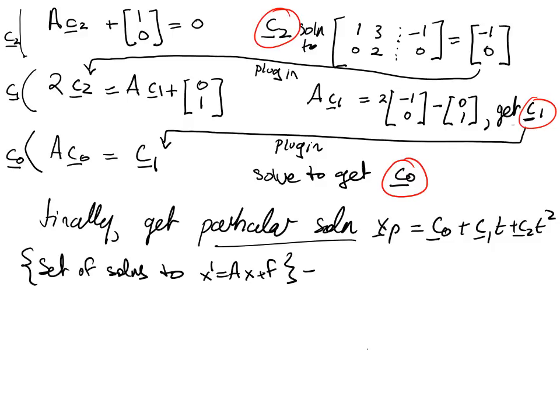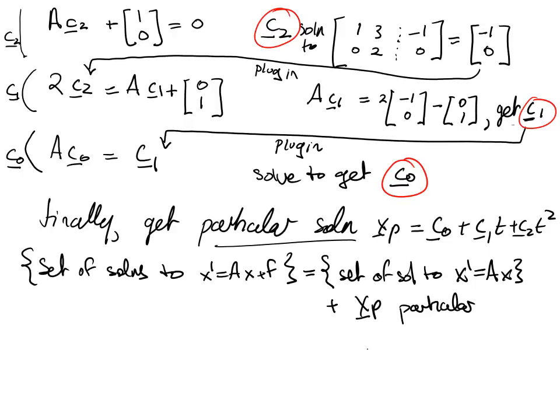The set is equal to the set of solutions to the homogeneous part, which is what you get if f is 0, plus any particular solution of the inhomogeneous part. So that's the thing we just computed.